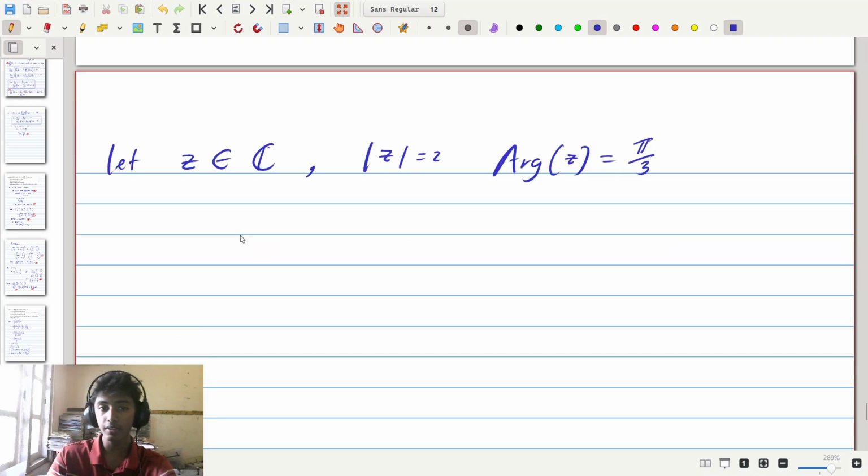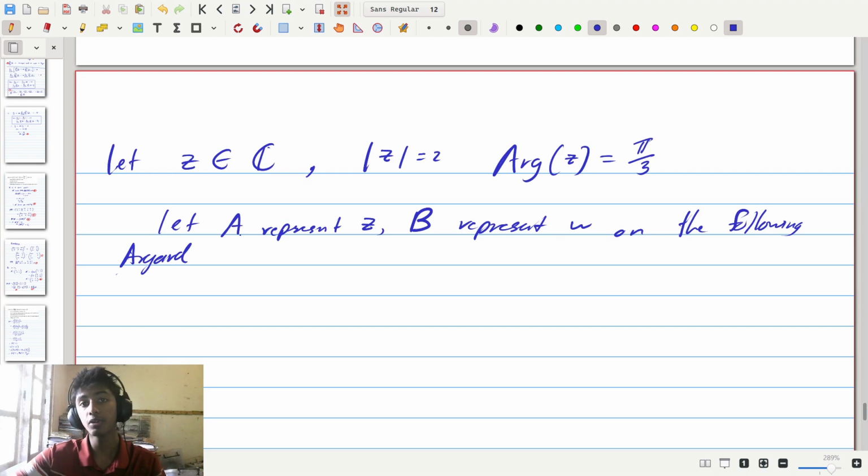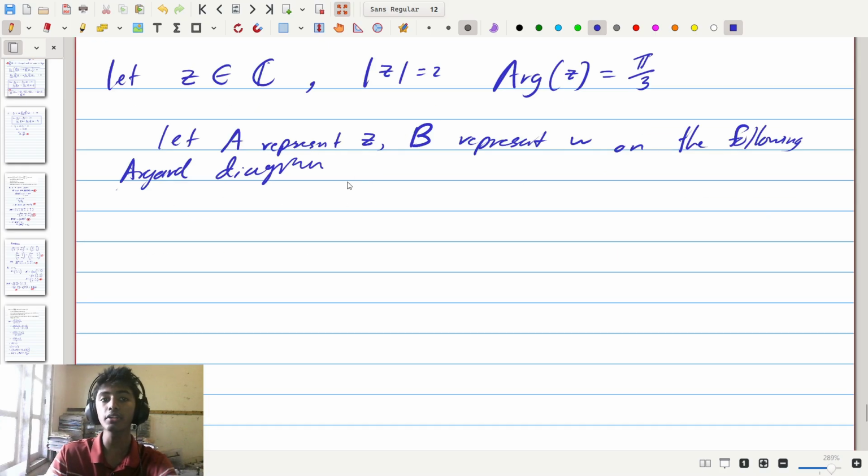So now, given this, let's also say let A represent z and B represent w on the following Argand diagram. So we're going to draw an Argand diagram, and we're going to label on this Argand diagram the points A and B given the data that we know. We're going to draw the Argand diagram real quick, and then we're going to label the points z and w.